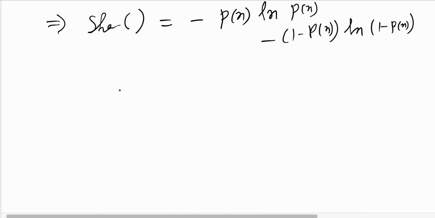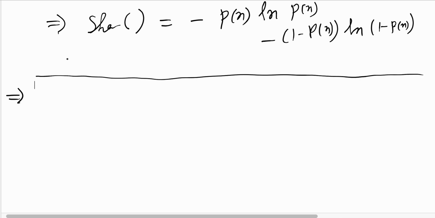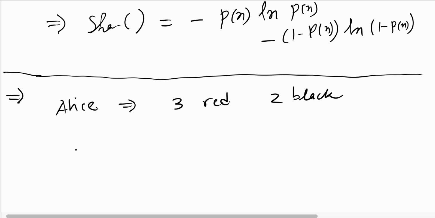So again, Alice has 3 red and 2 black cards. What is the possible number of ways I can choose simultaneously 3 red cards and 2 black cards? That will be 26C3 into 26C2.